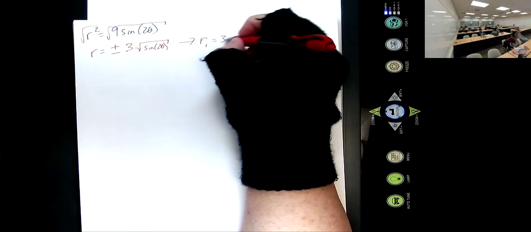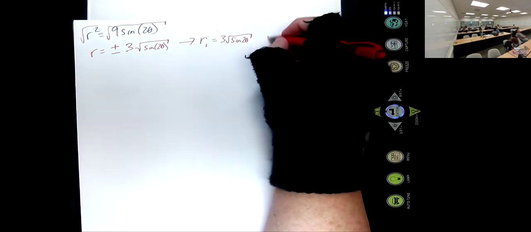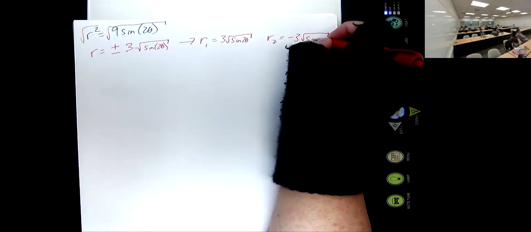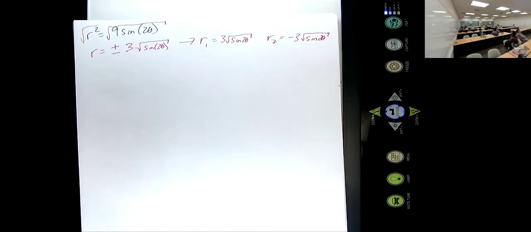R1 is 3 square root of sine 2 theta, and R2 is the negative, and map them both out. You're going to do the same thing that you did before, it's just more calculations.